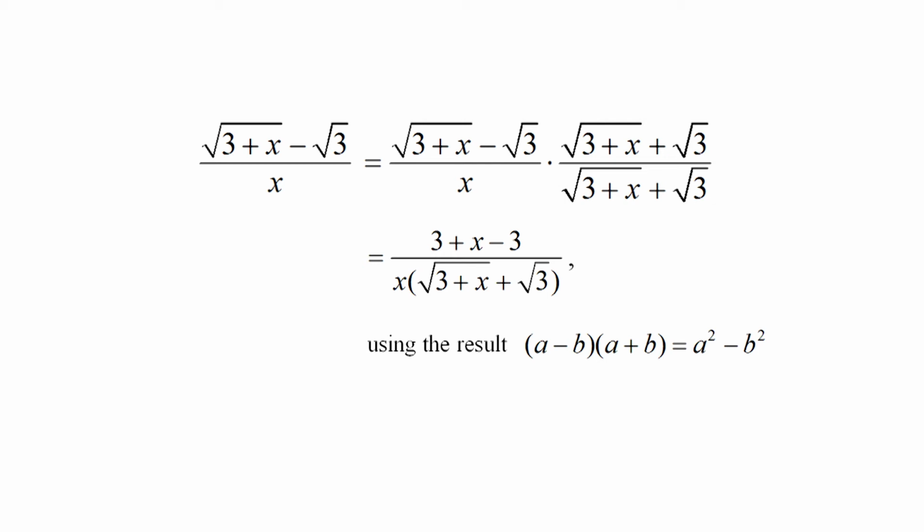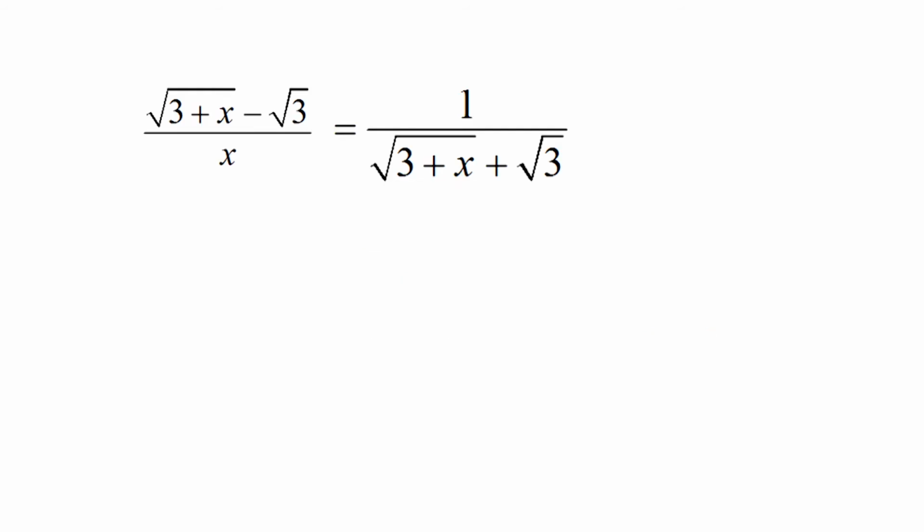Using the result (a − b)(a + b) equals a² − b², this is equal to x upon x(√(3 + x) + √3) with a common factor of x, which is equal to 1 upon (√(3 + x) + √3), cancelling the common factor x.